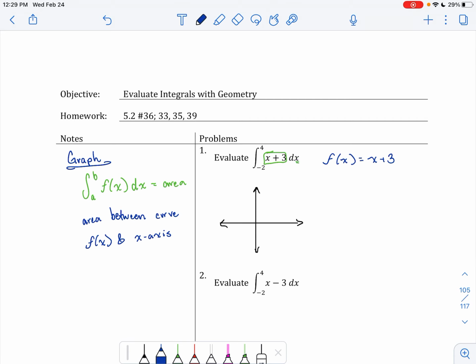So if I graph x plus 3, it's going to be a nice line with an intercept of 3 and a slope of 1. Now, what we're asked to do here is find the area from -2 to 4, because that's what our bounds tell us here.